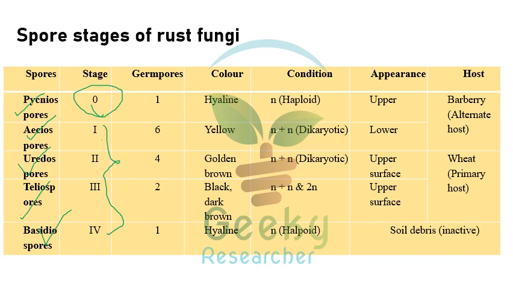The pycnial stage was first discovered by Craigie in 1927. Craigie is the scientist who first discovered the sexual stage, the pycniospore. That's why it's denoted as 0, because it is a very crucial connection to continue the life cycle.